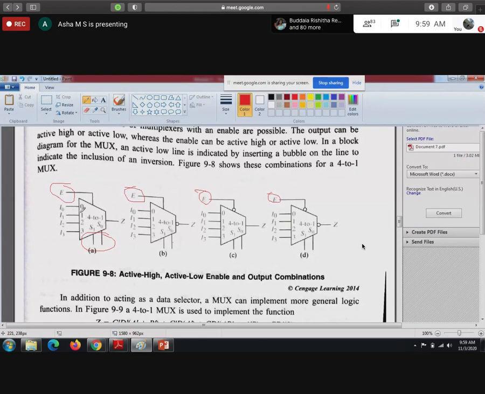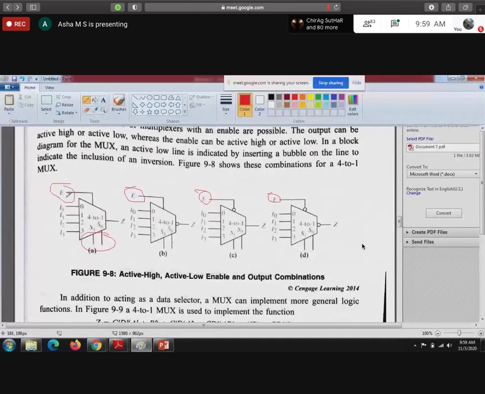Along with this, you take any type of multiplexer, it can be 2 to 1, 4 to 1, 8 to 1, or 16 to 1, and it will have an additional input called the enable input.